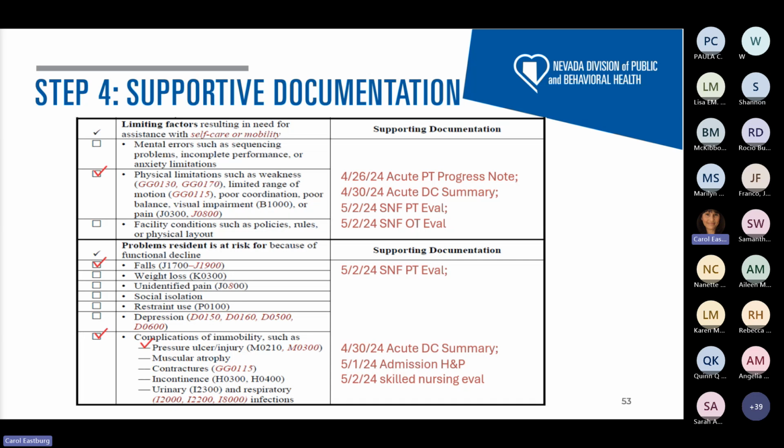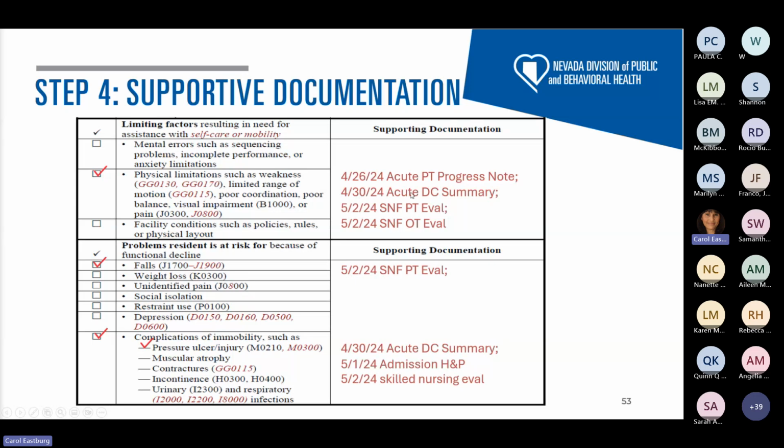And here we see a couple of applicable items checked on the left: physical limitations, falls, and pressure injury, with the location of the supportive documentation on the right. So for physical limitations, we see again from the acute care facility a PT progress note dated 4/26/24, so we would look in the record for that.